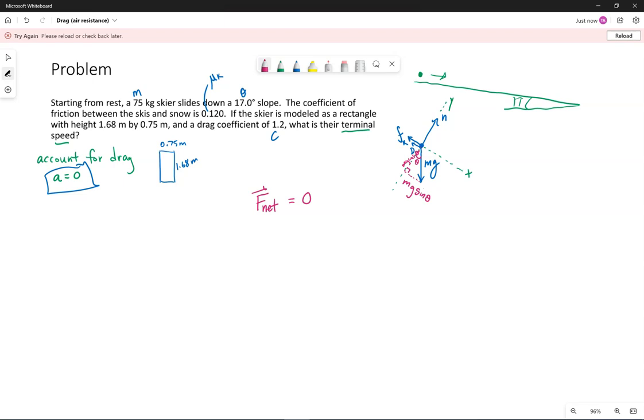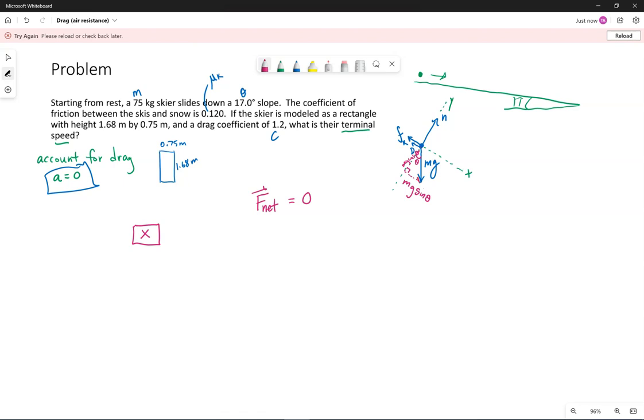The y direction, partly just because of rotating the coordinate system, the skier is not going to have an acceleration in that direction anyway. And then the x direction because of this terminal speed. So let's write out the net force to set it equal to 0, or we can just say we need to balance the forces because acceleration is 0.